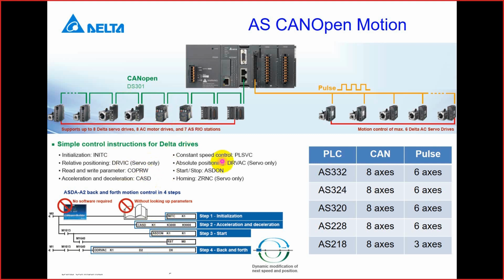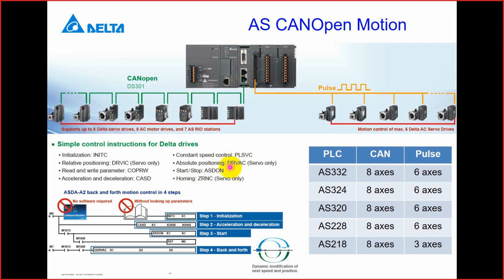And for the rest of the functions, I believe if you ever used a Delta PLC or DVP PLC before, then you will know what this is. Like in DVP PLC, we use the POSV, that means for speed control. So the same in AS PLC. And then we have the so-called homing. In DVP, we also call it ZRN. ZRN means zero return. So C means for CANopen.